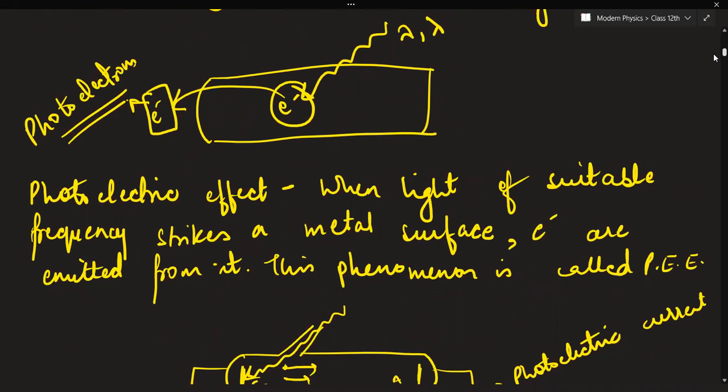Now, photoelectric effect is what? If a light is there with a certain suitable frequency, or wavelength, it basically means that the electron has certain values. Like in a normal system, the passing marks are 33% out of 100.